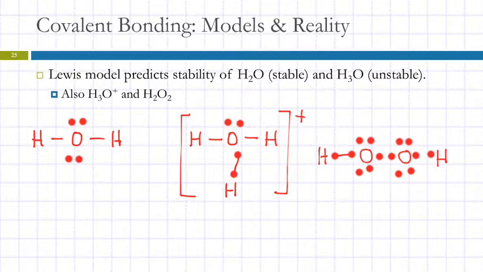Hydrogen's good. This oxygen's like, well, that's not quite good enough for me. I need to share an electron with this oxygen. So now this oxygen on the left has 8 electrons. And then this oxygen still needs 1 more, and so it's going to share with the hydrogen. So we could show that this way.